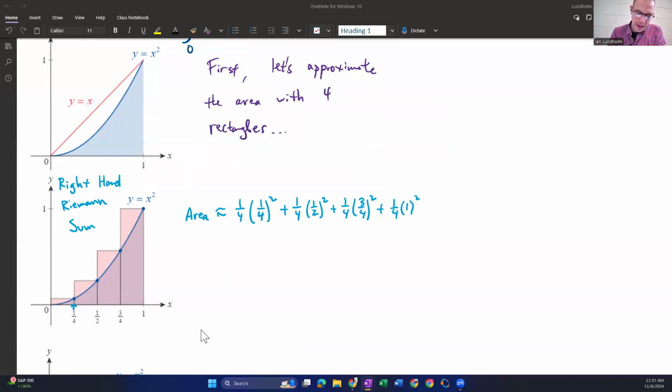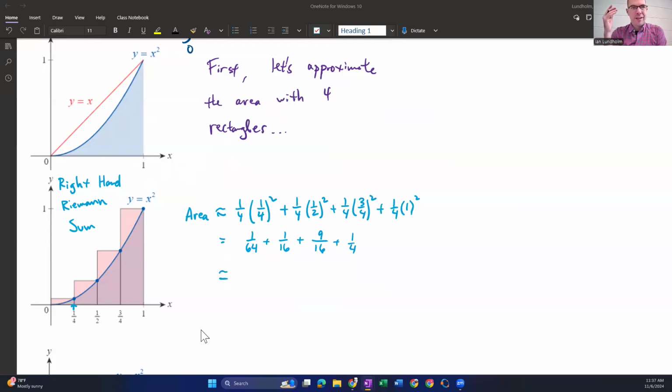And yeah, we could continue to do this, and what's this? 4 times 4 times 4 is 64. So this is like 1/64 plus 1/16 plus 9/16 plus 1/4, and we could figure out what that is.